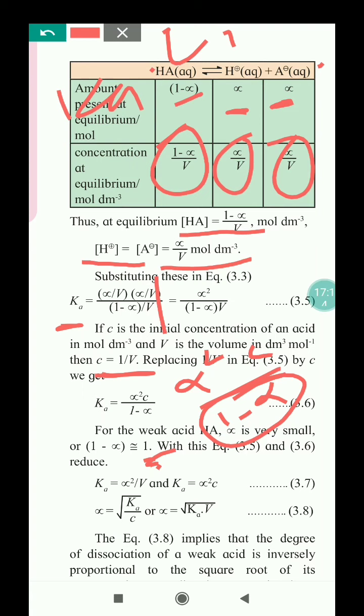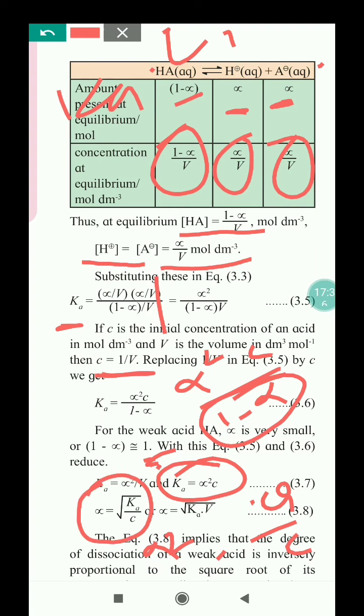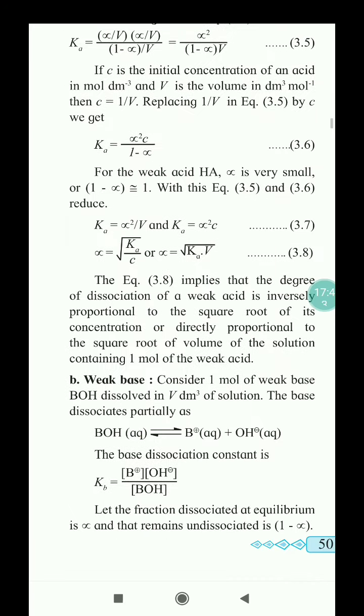Therefore, finally Ka is equal to alpha square upon V, or alpha square C. That is, alpha square is equal to Ka upon C. So alpha is equal to square root of Ka upon C, or alpha is equal to square root of Ka into V. Okay, so this is the Ostwald dilution law for weak acid.